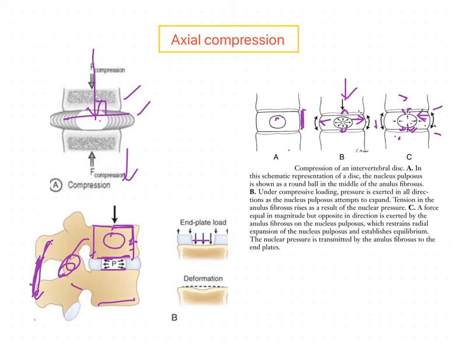The amount of fluid expressed from the disc depends both on the size of the load and the duration of its application. The expressed fluid is absorbed through the microscopic pores in the cartilaginous end plate. Those are the small pores.